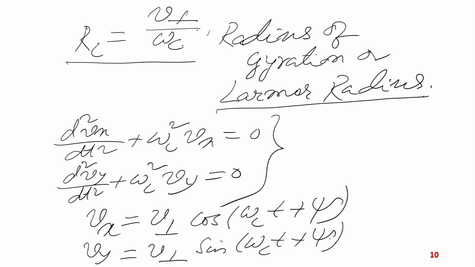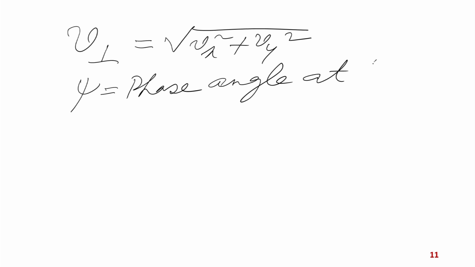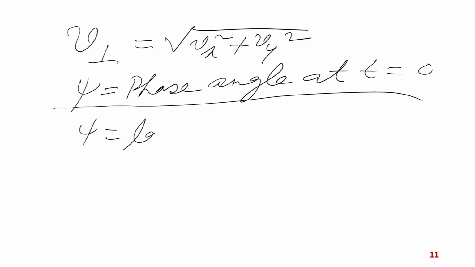What is this V perpendicular here? V perpendicular is the square root of V x square plus V y square. And this psi is the arbitrary phase angle at t is equal to 0. You can find psi is equal to tan inverse of V y by V x.